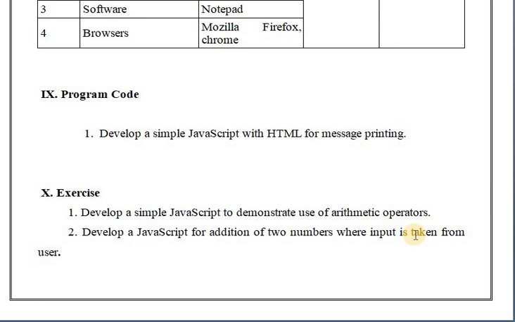From the user we have to take an input and display the addition on a web page. Let us see the first program, to demonstrate the use of arithmetic operators.